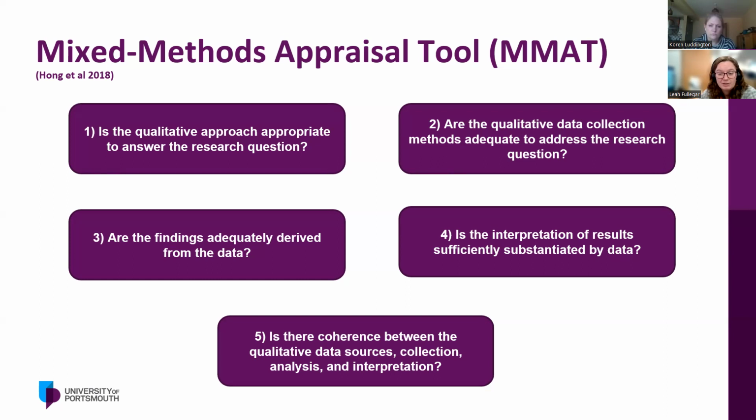Some examples of things you might look for here would be if the researchers are being reflexive in their analysis, or if they're aiming to recognise how their own experiences and viewpoints may have shaped the data analysis. And if they acknowledge and discuss unusual cases that don't fit their initial themes and their analysis.